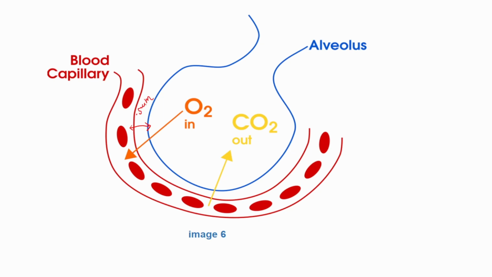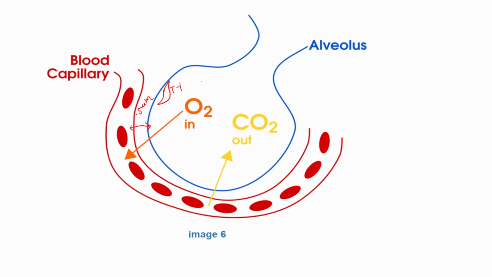If we look closely at the architecture of the alveolar wall, it is lined by two distinct types of epithelial cells called pneumocytes. The first type, type 1 pneumocytes, are extremely flat, squamous cells. Because they are so thin, they cover roughly 95% of the total alveolar surface area, acting as the primary diffusion cells through which gases easily pass.